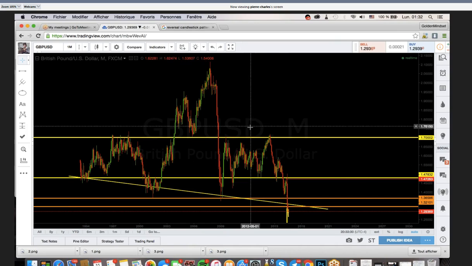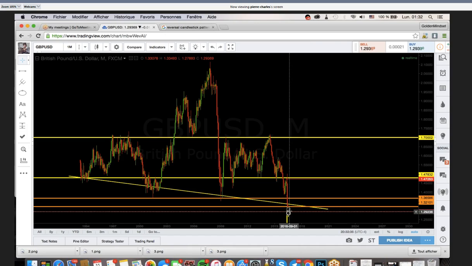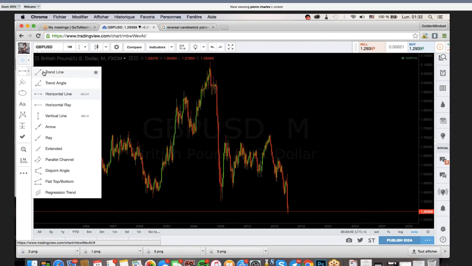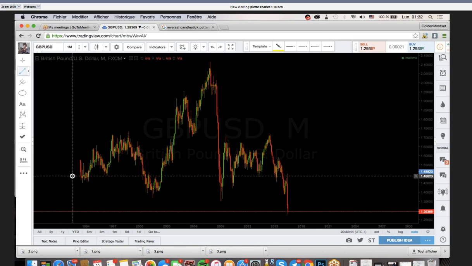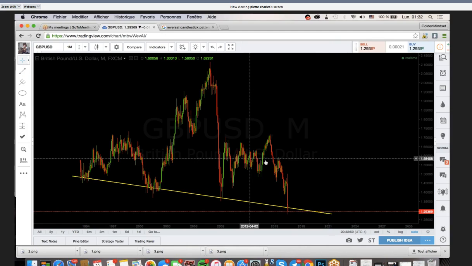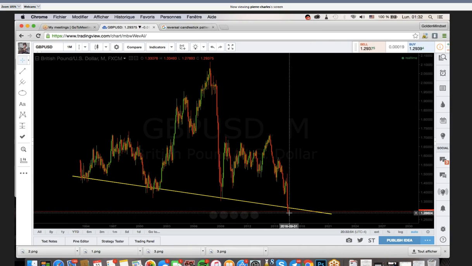You see how the support is flat 3 times, and then from the peak of GBP to about where Brexit was. If we draw a trend line like this, you clearly see that it's breaking it.